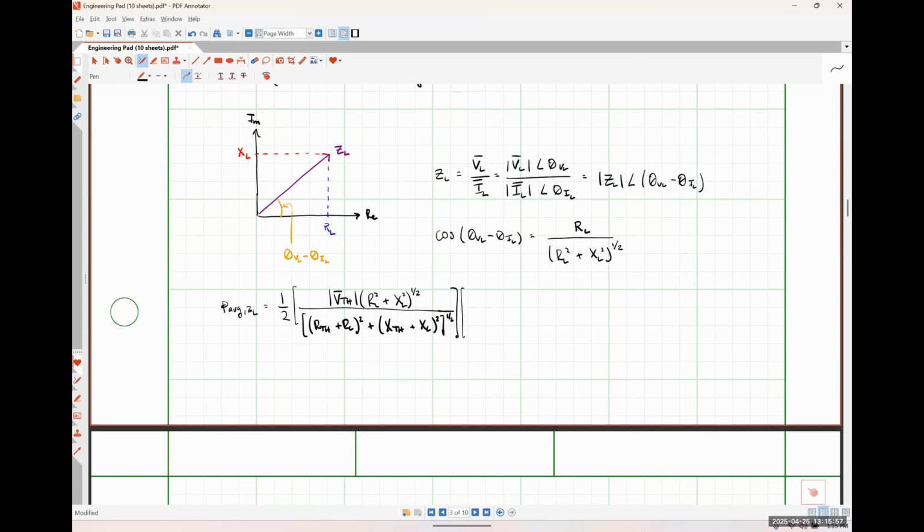Now I'm going to put in the magnitude of my current, just direct substitution here. That's the magnitude of my Thevenin voltage over that exact same denominator.